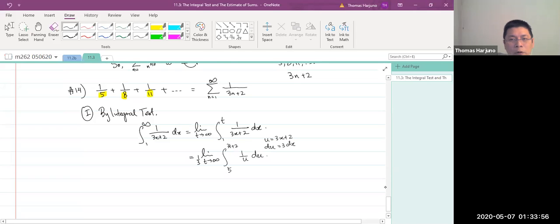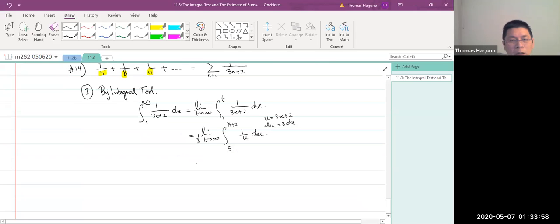Fast forward, I get 1/3 limit as t goes to infinity of ln u from 5 to 3t plus 2.